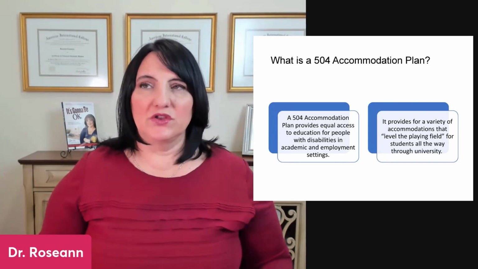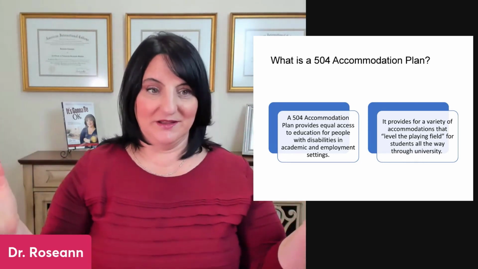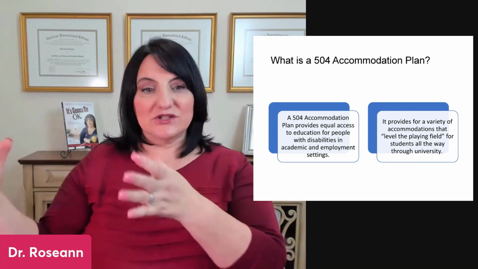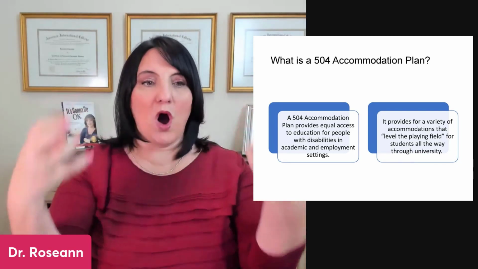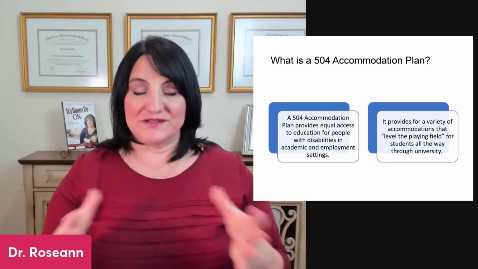But a 504 is very murky and gray. And so, you can have a diagnosis of OCD, PANDAS, and your district may fight you in wanting to give these services and supports to a child.